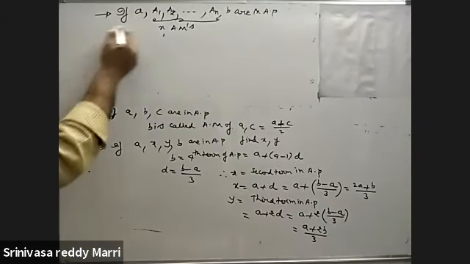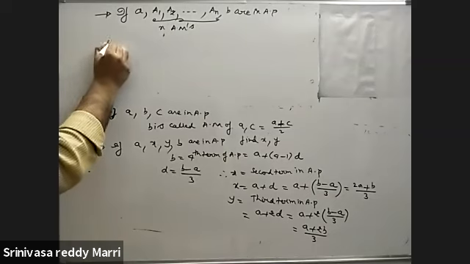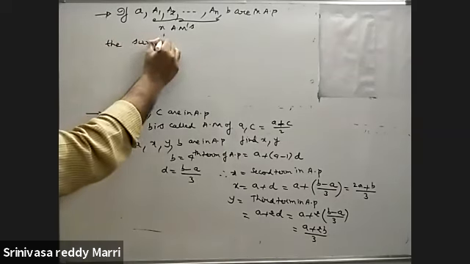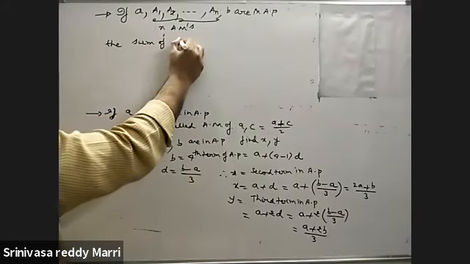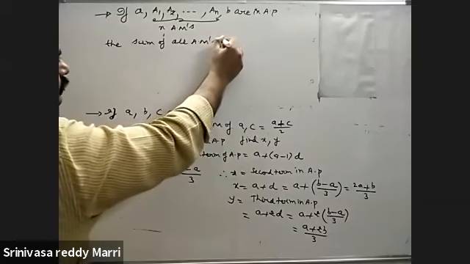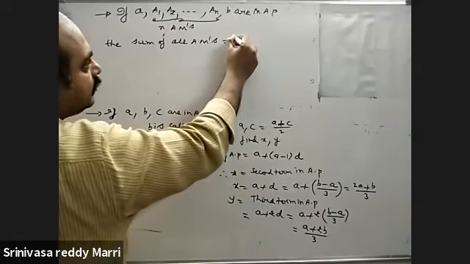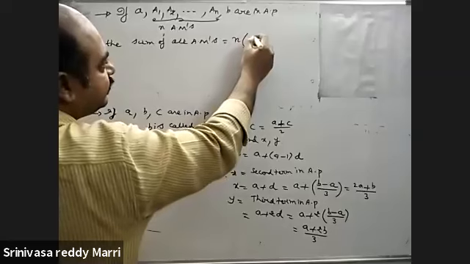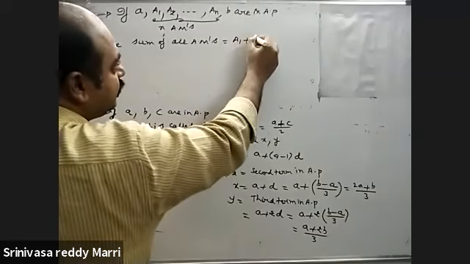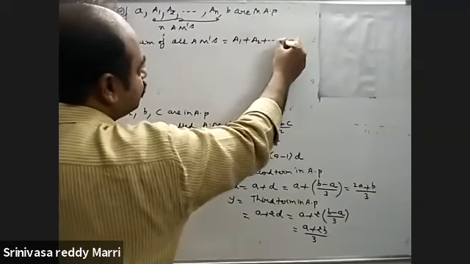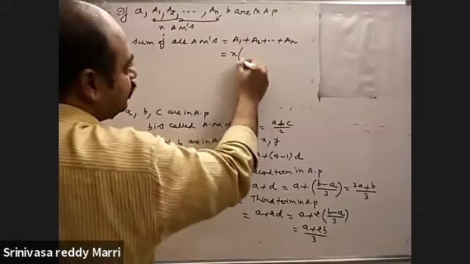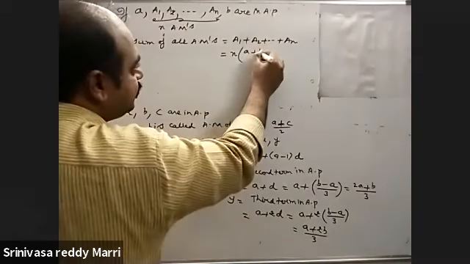Then, if N arithmetic means are there between A and B, the sum of all AMs, A1 plus A2 plus up to AN, is equal to N into (A plus B) by 2.